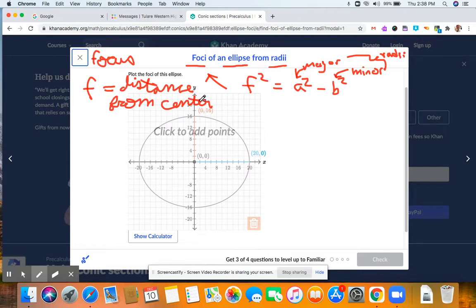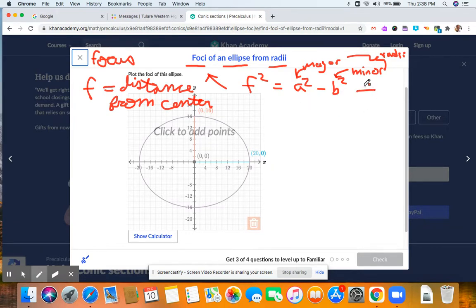Once we have the foci, we would plot them from the center, and there are going to be two of them, on the right side and on the left side in this case. But if it were the other way around, where the major axis was on the y-coordinate, then it would be this other way.